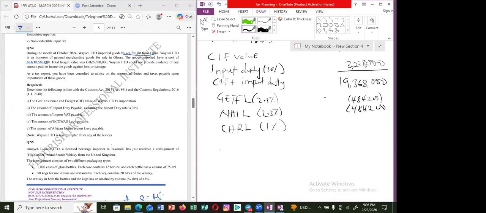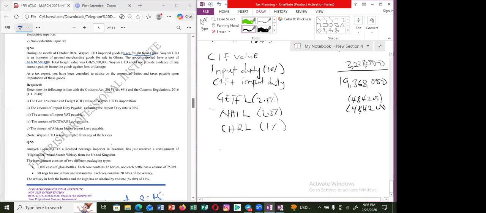He's asking if the levies are computed on CIF or CIF plus import duty. Oh, CIF. So what are you getting? These computations are on CIF plus import duty.